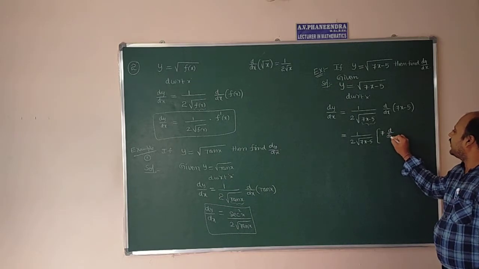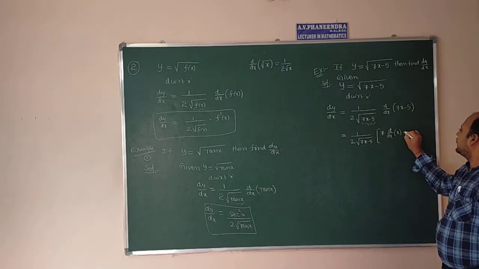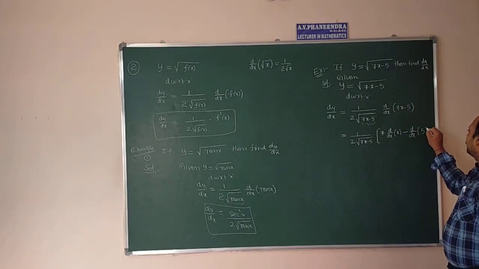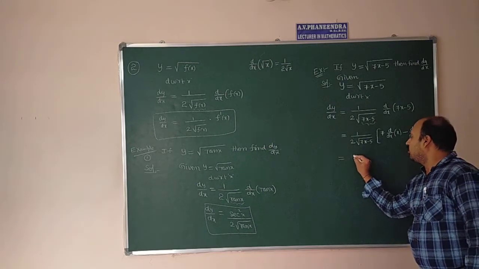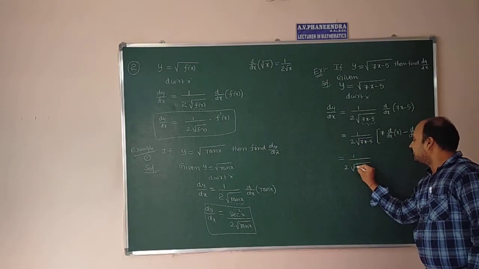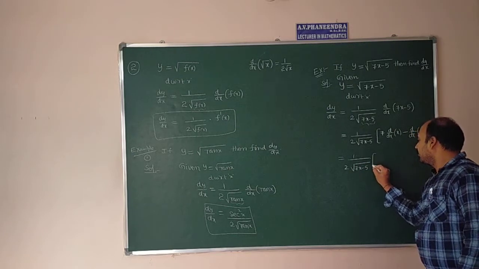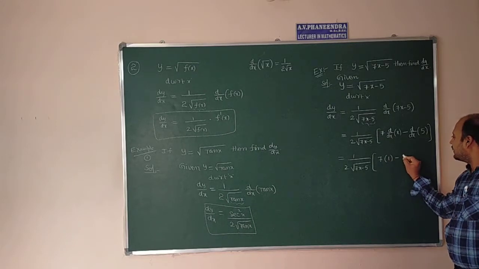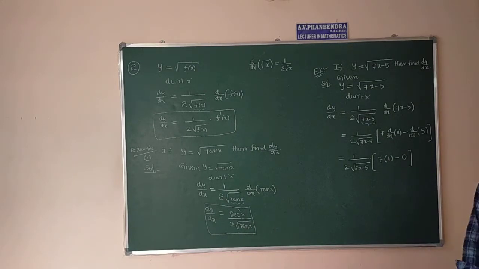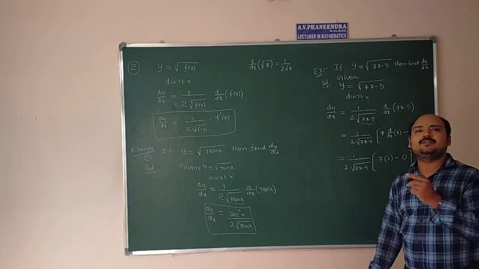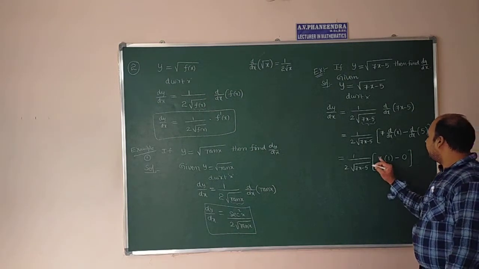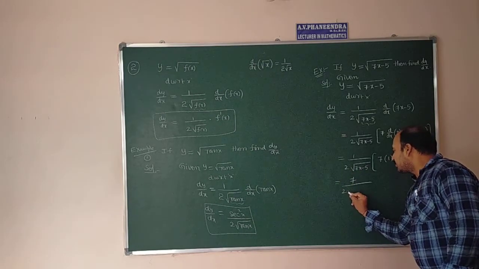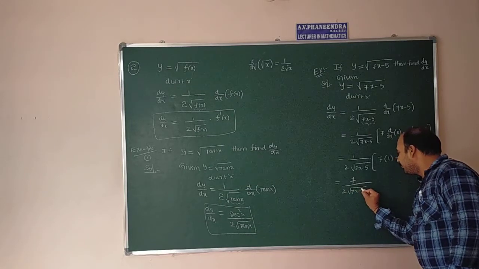D by dx of x minus d by dx of constant 5, which is equal to 1 by 2 root of 7x minus 5, into 7 into d by dx of x is 1, minus d by dx of constant 5. D by dx of any constant is equal to 0. So the answer is 7 into 1 is 7, 7 by 2 into square root of 7x minus 5.